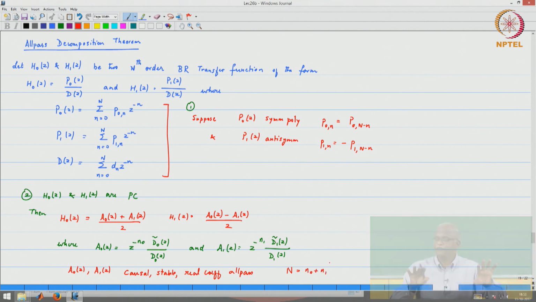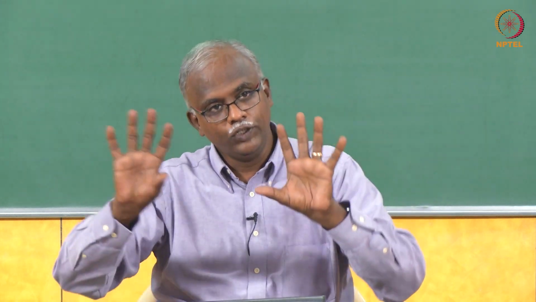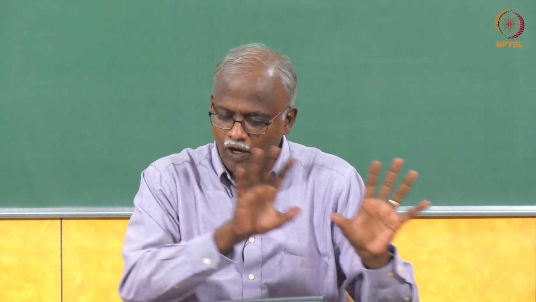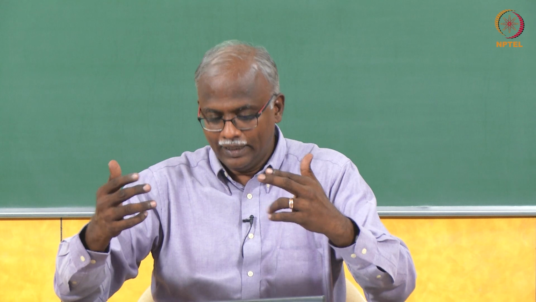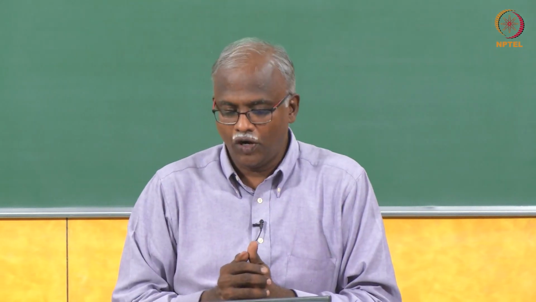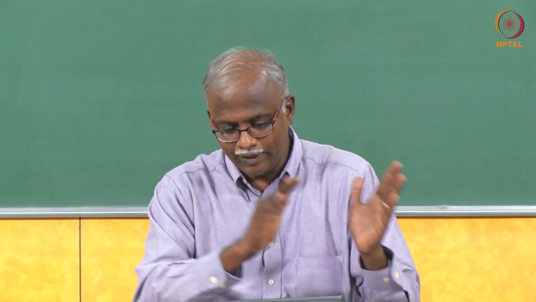So basically what you have done is split the Nth order transfer function into two transfer functions, one of order N0 and one of order N1. They are two all-pass functions of those orders, and by combining them you get the final structure.